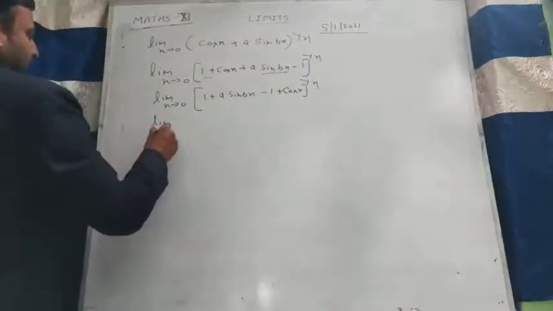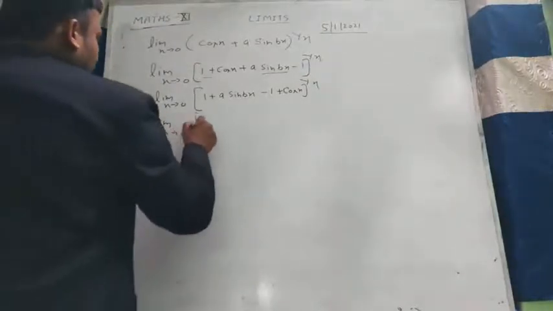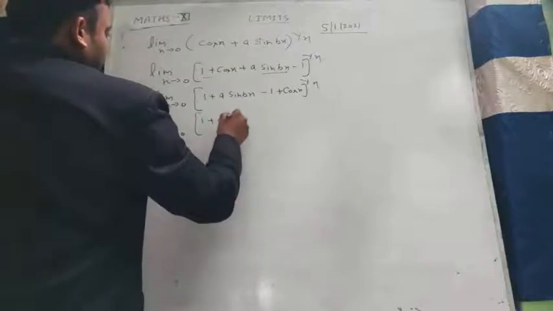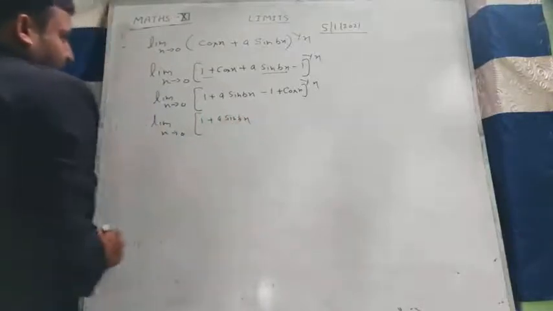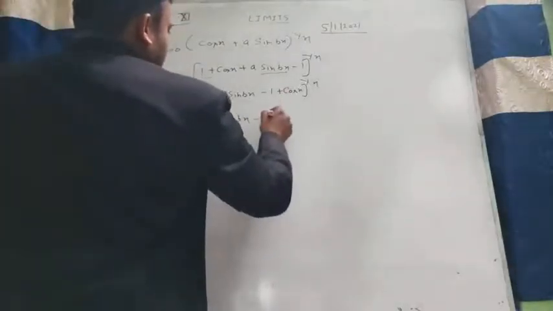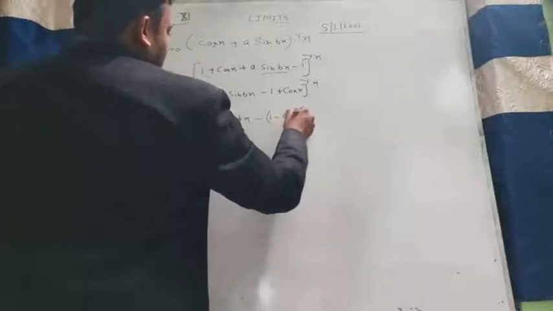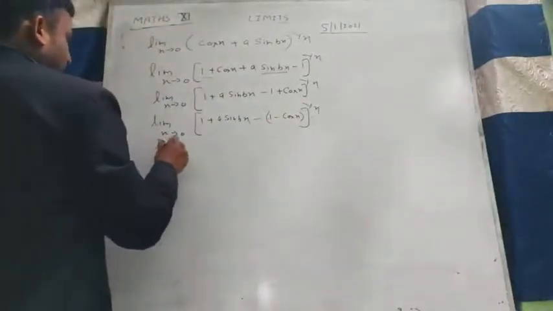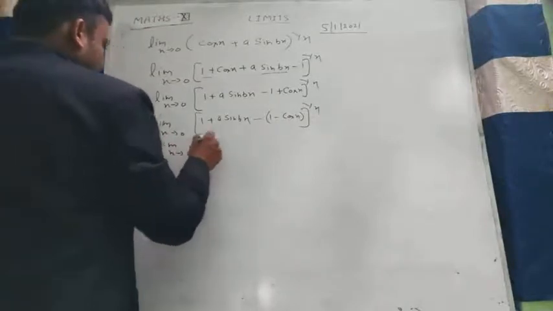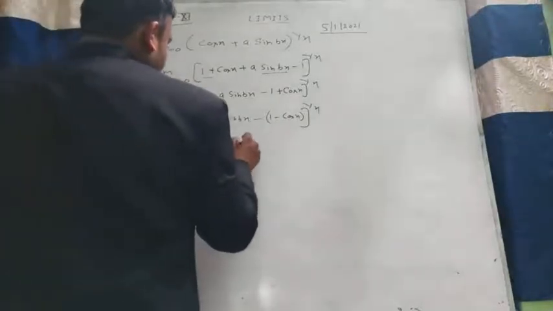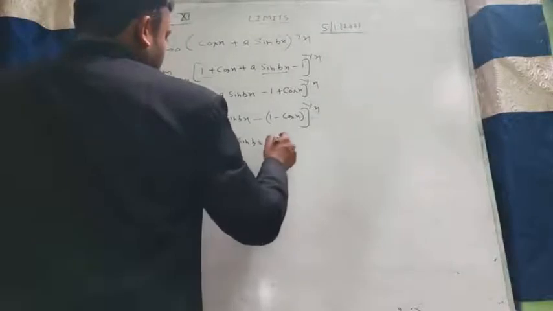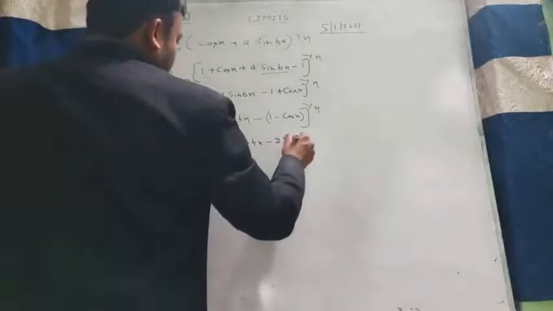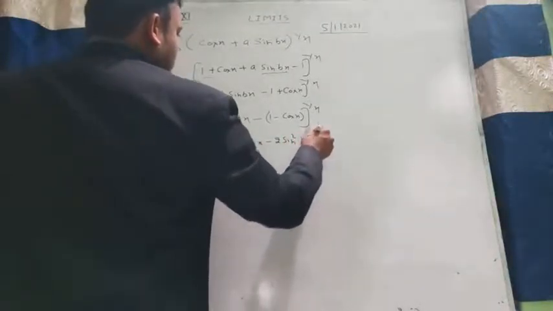So the limit as x tends to 0 of 1 plus a sin bx, and this we can write as minus 1 minus cos x, and this part we can write as (1 plus a sin bx minus 2 sin square x by 2) to the power 1 by x.